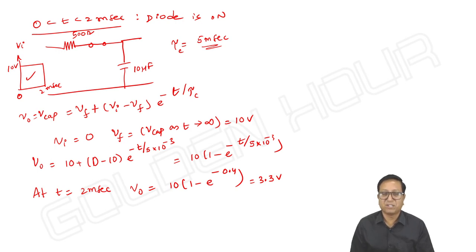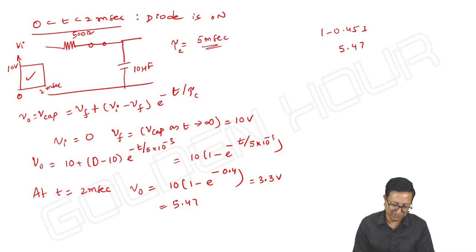E power minus 0.4, its value is 0.453, I think so. 1 minus 0.45, oh, 5.47 you will get. It's not 3.3.